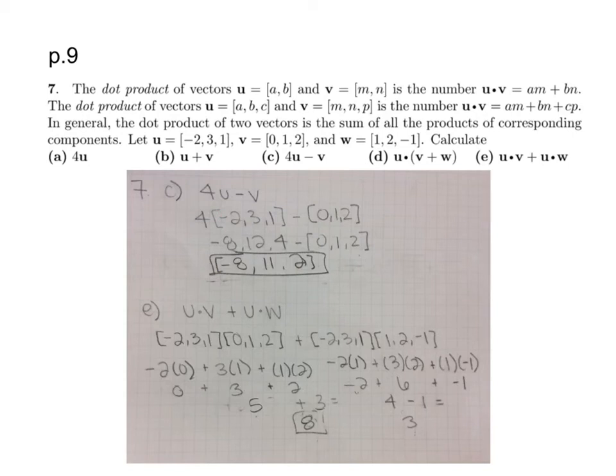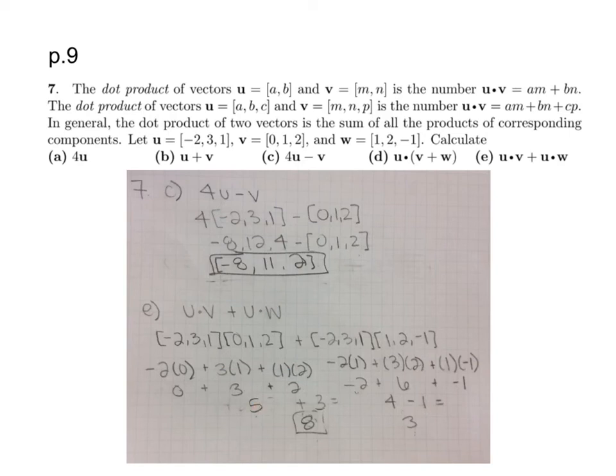And then E is u times v plus u times w. So I substituted in u and v, which is -2, 3, 1, and 0, 1, and 2. And so I multiplied both the vectors, 0 times -2, which you get 0, 3 times 1, which you get 3, and 1 times 2, which you get 2. And then I added those all together and got 5.